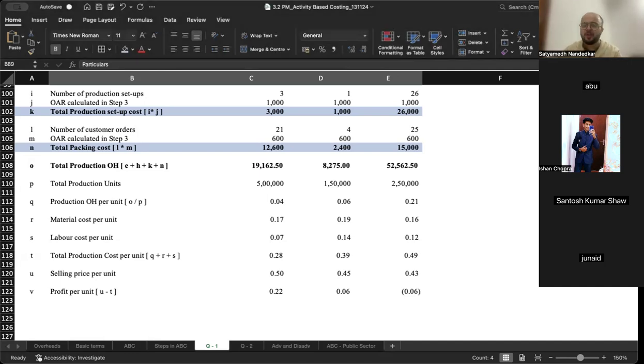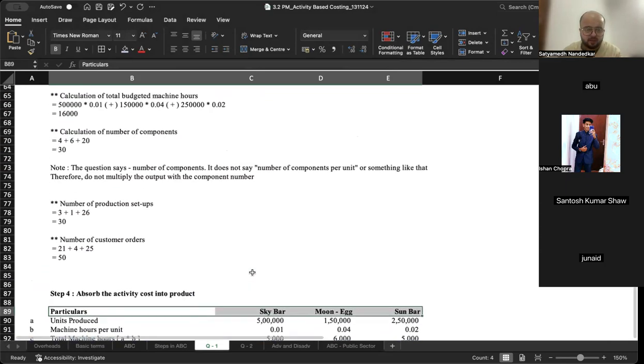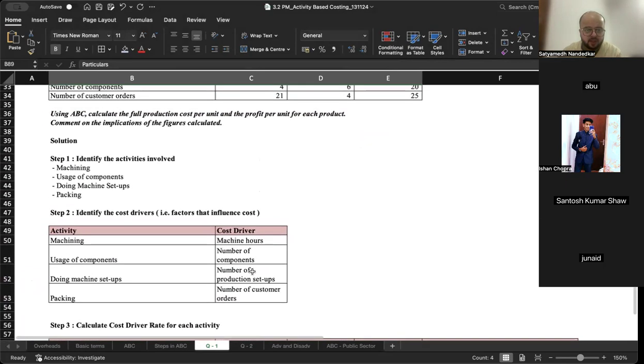Now, this was one part of the question where they wanted you to use the activity-based costing approach, which we did. Now, there is another part of the question where they are saying comment on the implications of the figures calculated. Basically, if you want to comment on something, ideally, what you should do is you should compare this with the traditional absorption costing approach.